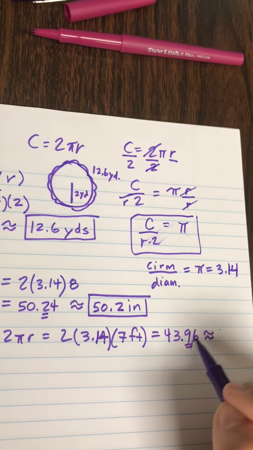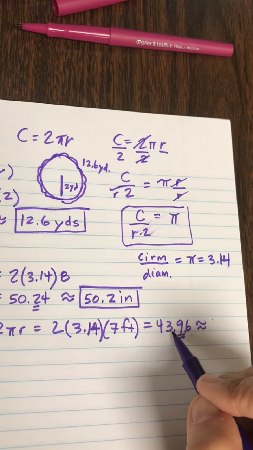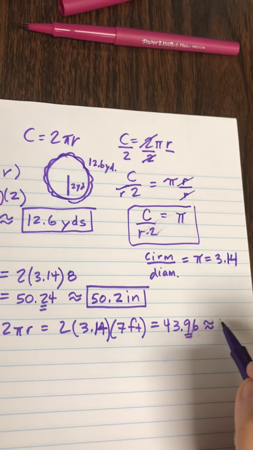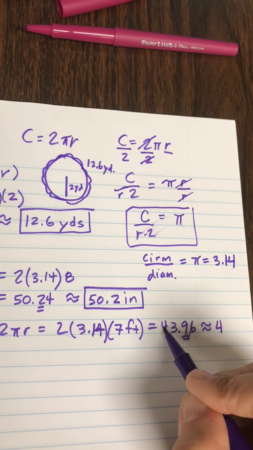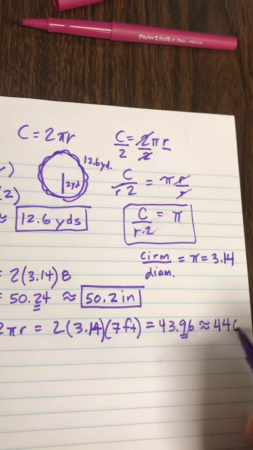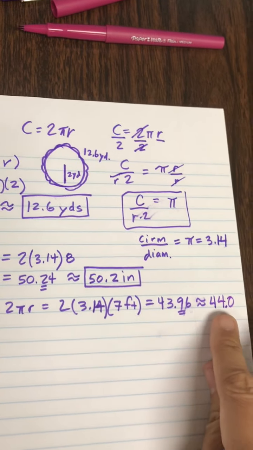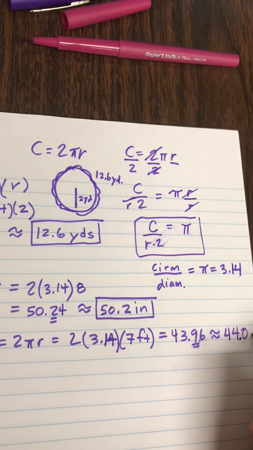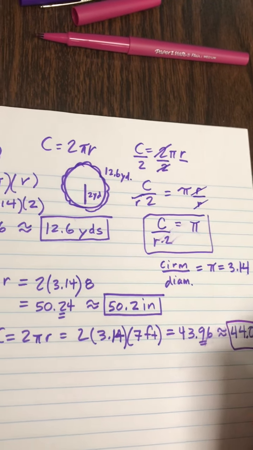If I round, the 6 tells me to round this up, but it's like rounding up the number 39. It would round to 40. Or if I rounded up the number 439, it would round up to 440. So that's rounded, and my units are feet.